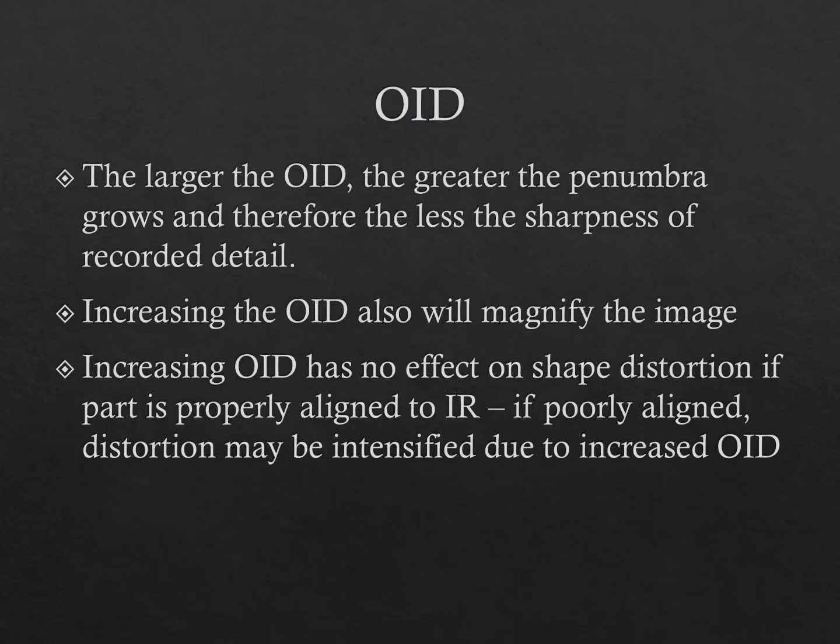Well, we've kind of talked about that. When we have a larger OID, we have more magnification. With magnification, we have greater penumbra, so less sharpness. OID will not have any effect on any other shape distortions, only magnification.